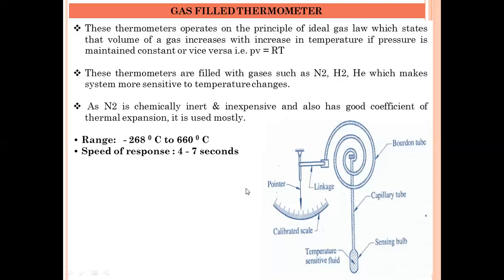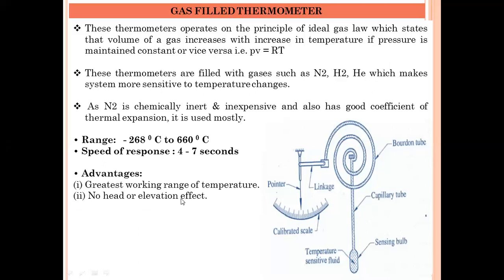The advantage is a greater working temperature range of minus 268 to 660 degrees Celsius. Again, there is no head or elevation effect, meaning you can use this instrument at any location. The disadvantage is that a larger bulb size is required for the volumetric expansion of the gas.